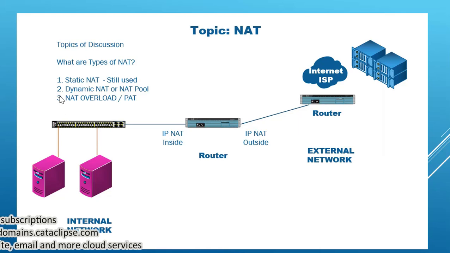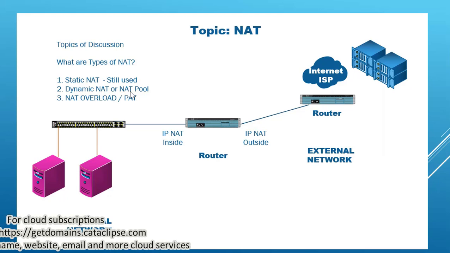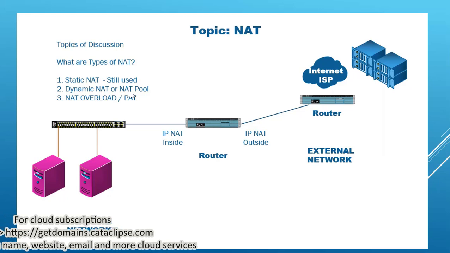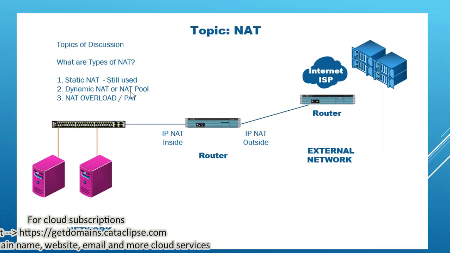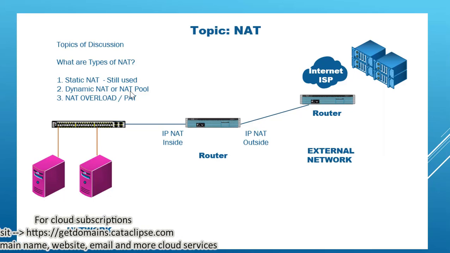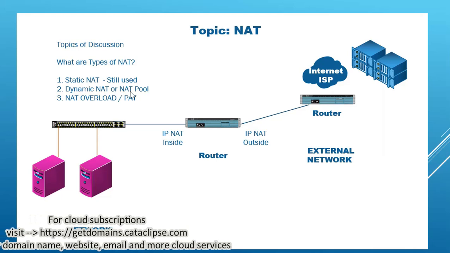The second type of NAT is the dynamic NAT, which is also known as NAT pool. Now, dynamic NAT is one-to-one mapping, similar to the static NAT. But dynamic NAT is a NAT pool, so I don't think it's feasible anymore for organizations to buy a pool of public IP addresses for their environment.